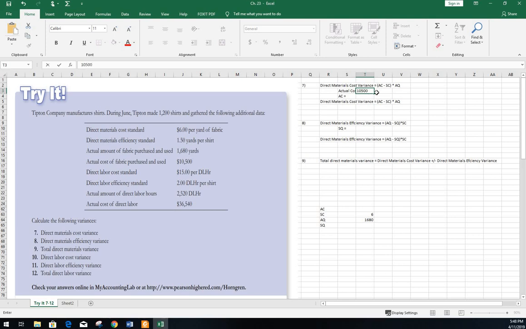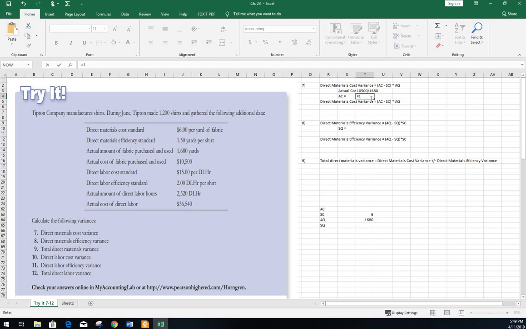Now, the reason why we have to divide this is because that's the cost, but we have to know it on a per yard basis. So we take the cost and we divide it by the number of yards, and the number of yards are 1,680. So let's go ahead and write that in, and then I'll compute the value in Excel.